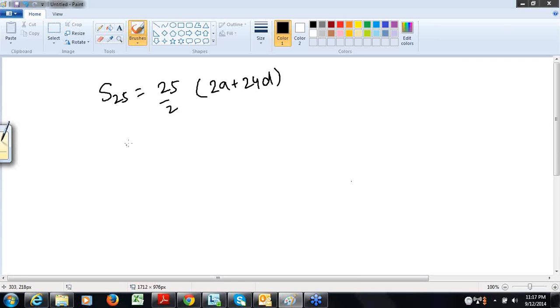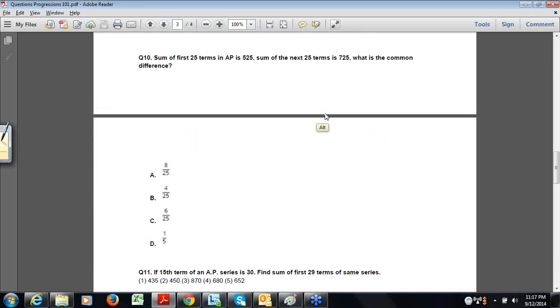Now it is saying sum of next 25, so sum of 26 to 50. This value has been given as 525. And sum of 26 to 50, it is saying to be 725.